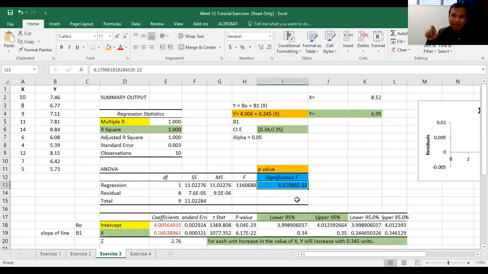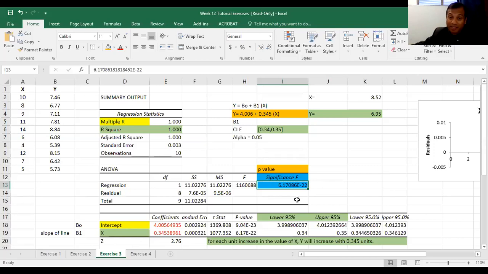E raised to the power of minus 22 means the 22 goes to the denominator, and it will make everything very close to 0. Imagine 6 divided by 10 million. What will you get? 0.0000000.